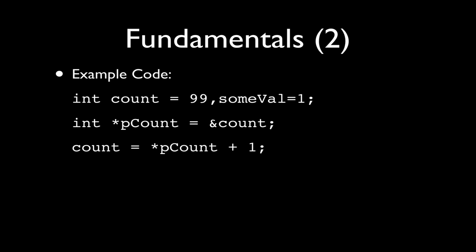In the very last line of code, we use the star operator to represent what pCount is pointing at. So we have count equals star pCount plus 1. So in plain English, what we're saying is assign to the variable count, which is an integer, the value that pCount is pointing at incremented by 1.